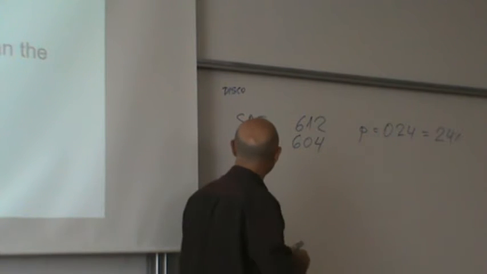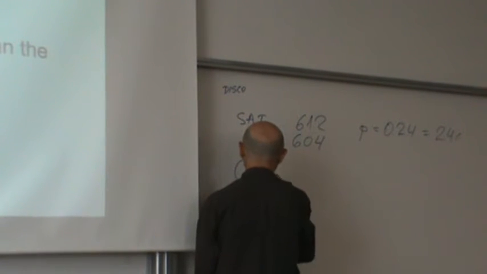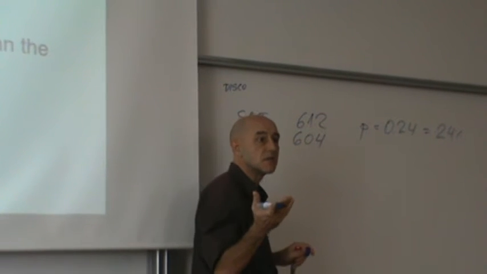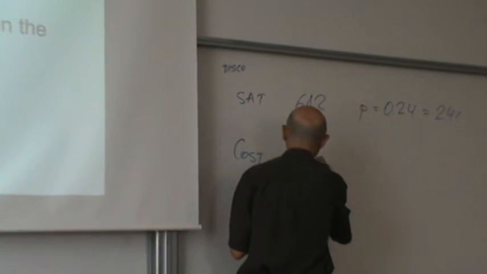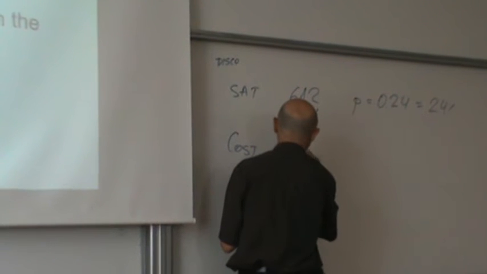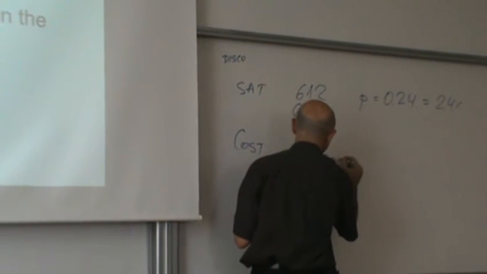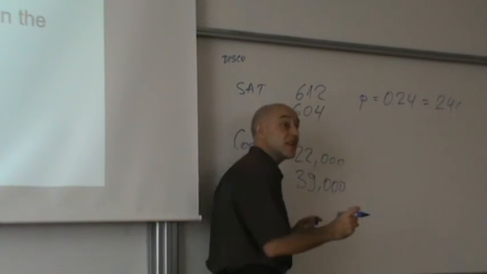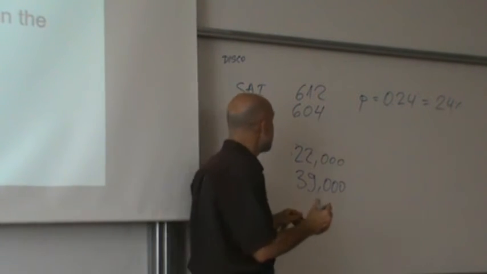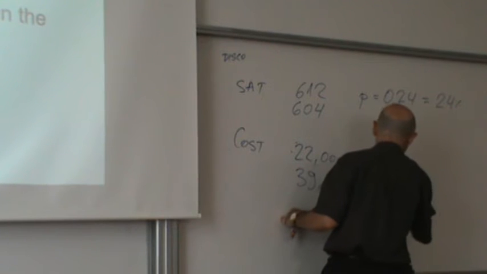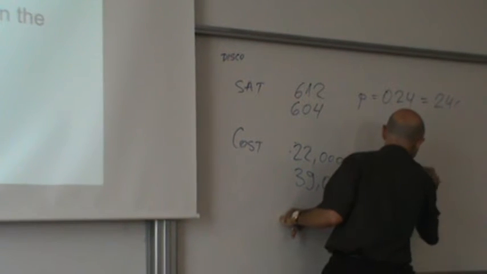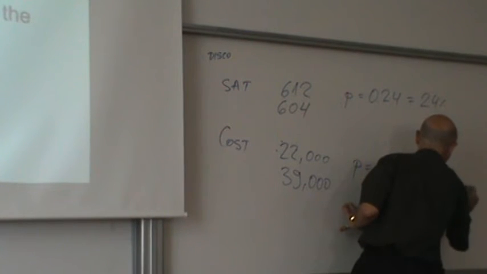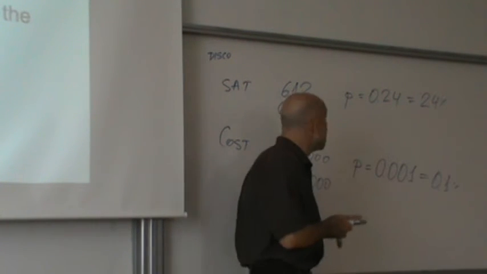Okay. Now, for the cost, the one university was, does anyone remember the numbers? Like 19 or 22,000? 22,000. And for the other one was 39,000. Okay. And the p-value was like 0.01, which is like 0.1%.